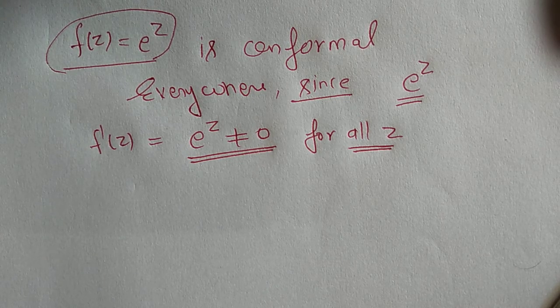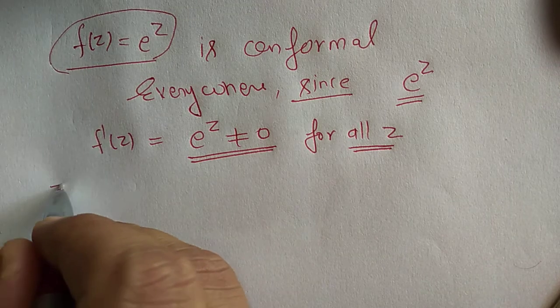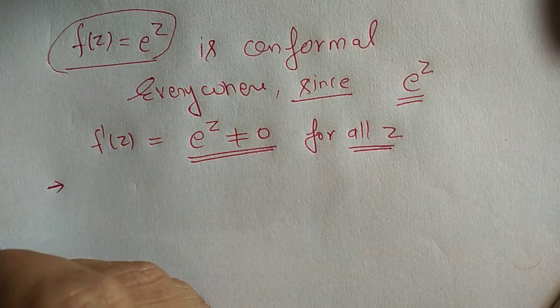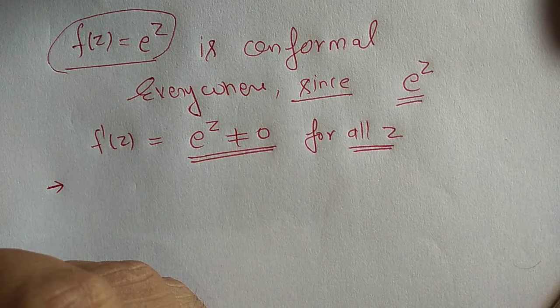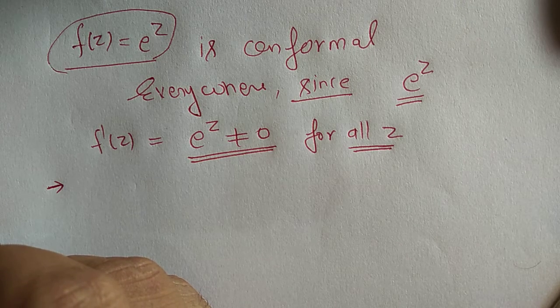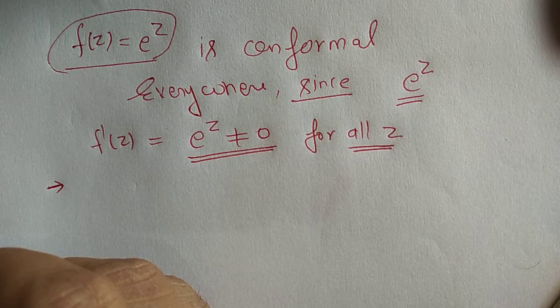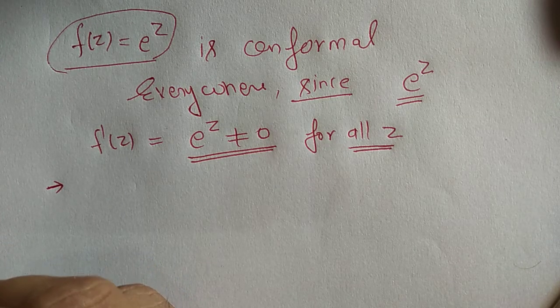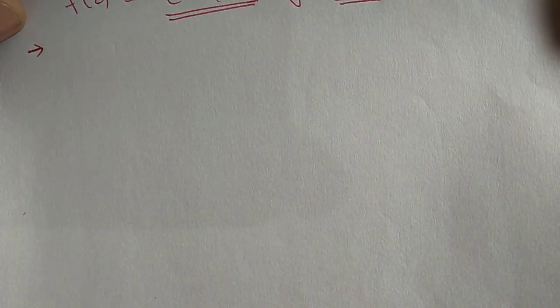Now the sufficient condition for conformal mapping, as I have just explained, is that we need analyticity and f dash z not equal to 0. So this is the sufficient condition for conformal mapping.